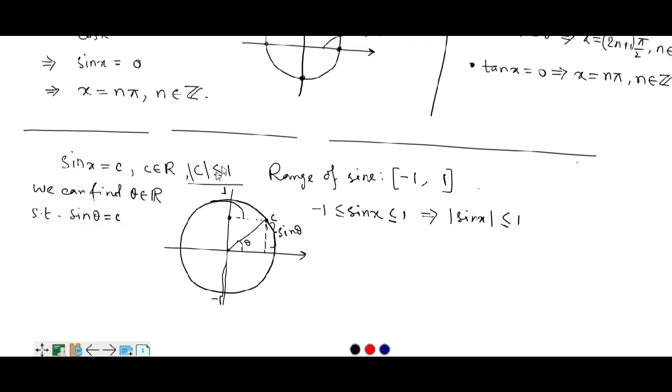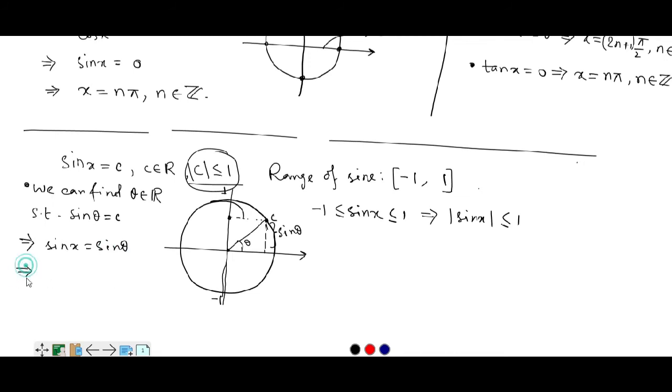So remember, this condition is the main one. If this is true, then we can find a theta, so that we can write the equation in this form: sin x equals sin theta.